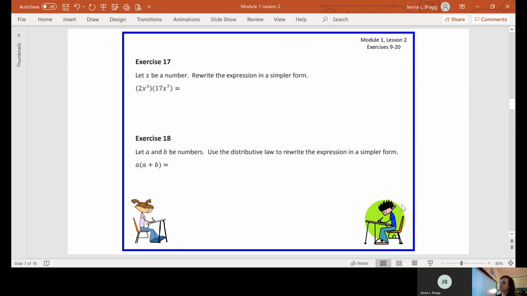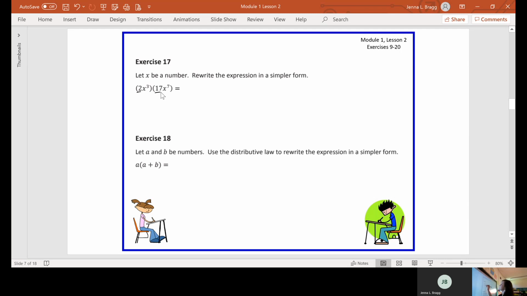All right, exercise 17. We are going to learn that regular old numbers in front of our x's, that's like having the same base. Regular old numbers can be multiplied.